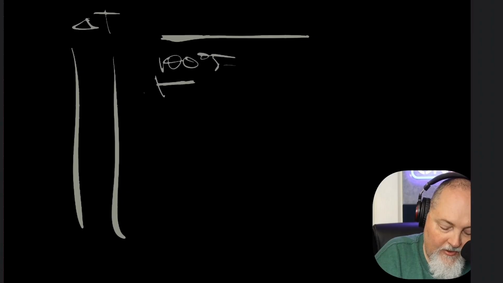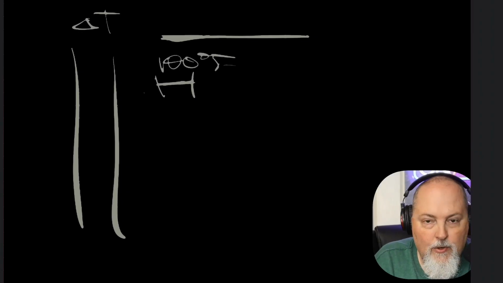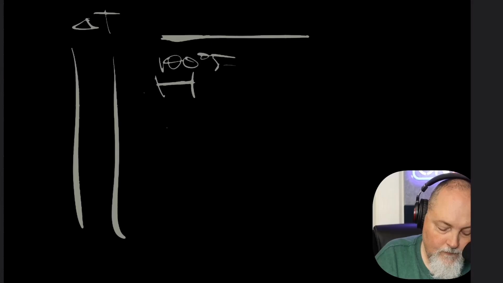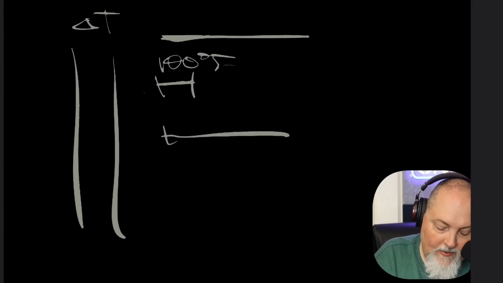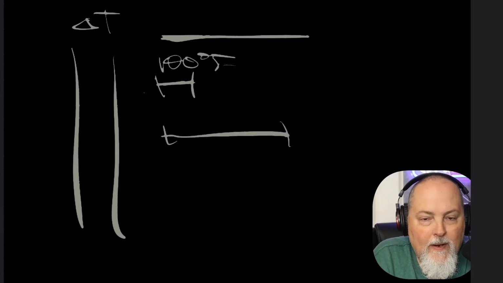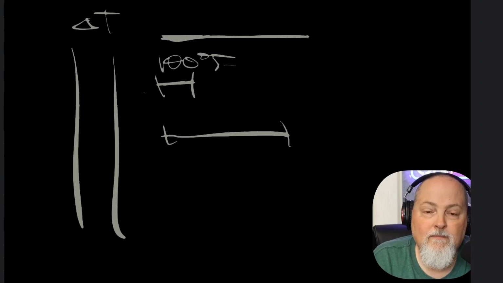So if I have a delta T of a specific amount, let's say 100 degrees Fahrenheit, across this distance, that is a shorter temperature gradient than across this distance. And so that bigger temperature gradient is one of our challenges. Well, let's pause here for a question.